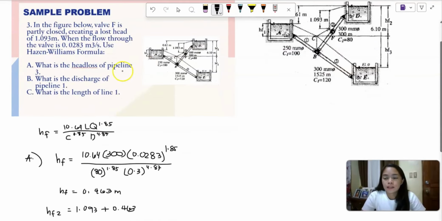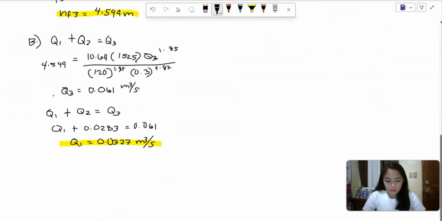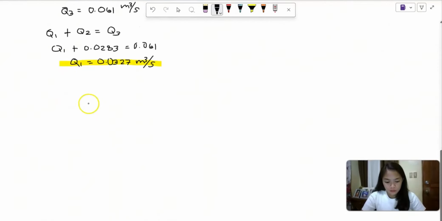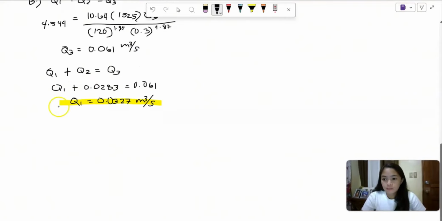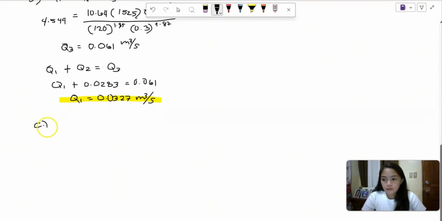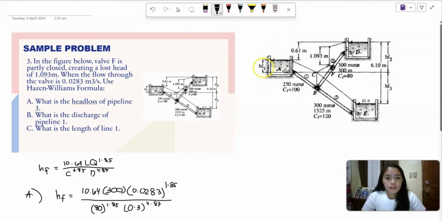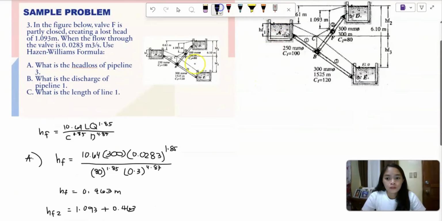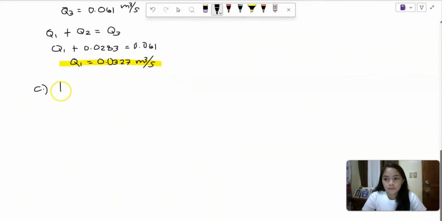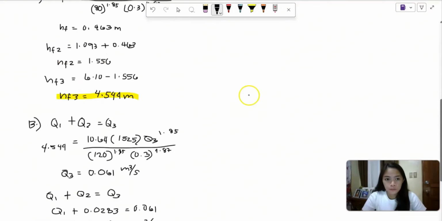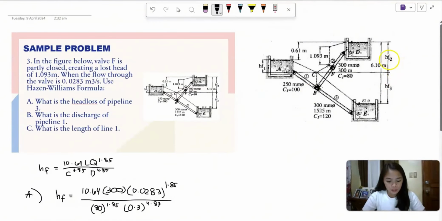So for the last question, what is the length of line 1? So to get that, we need to get first this head loss in pipe 1. So HF1 is just equal to this HF2 minus the 0.61.